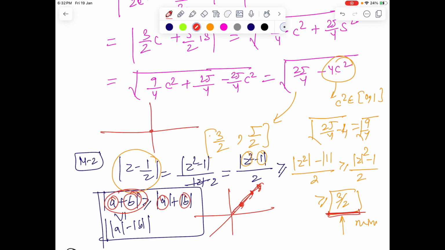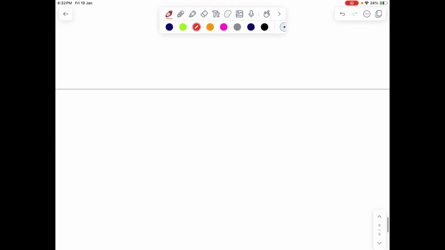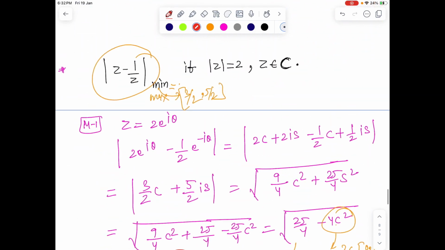In this case you can clearly see it's possible. We have z, 1 by z and z minus 1 by z. So if all those three vectors represented in complex form are collinear, then equality will be achieved. So in this case it is achieved. Let me give more intuition to this by giving a third method, which is a bit geometrical.